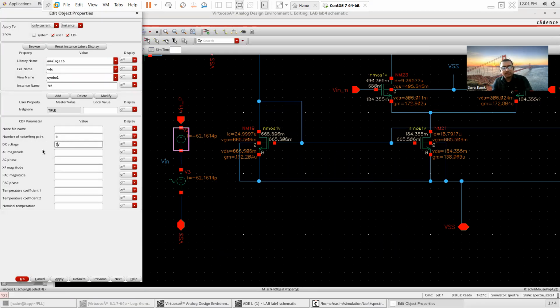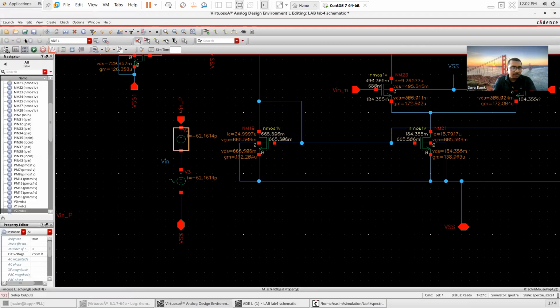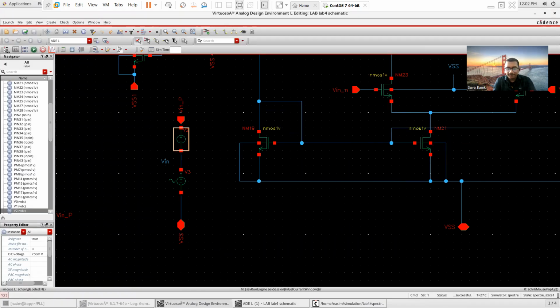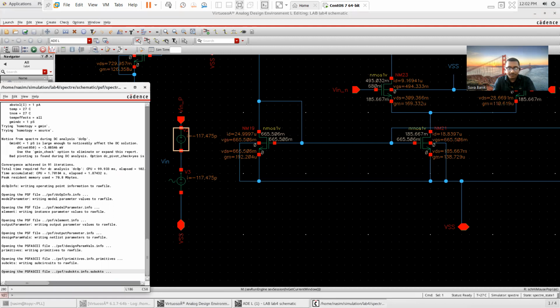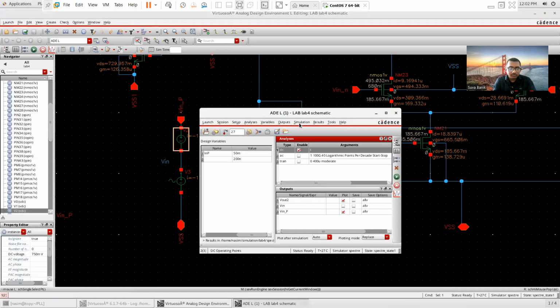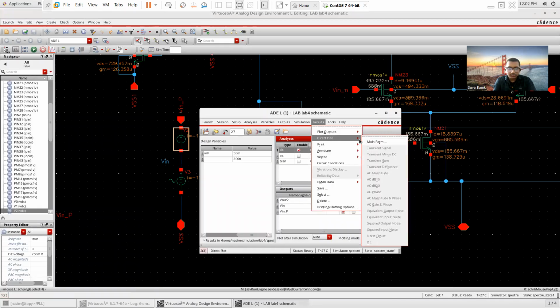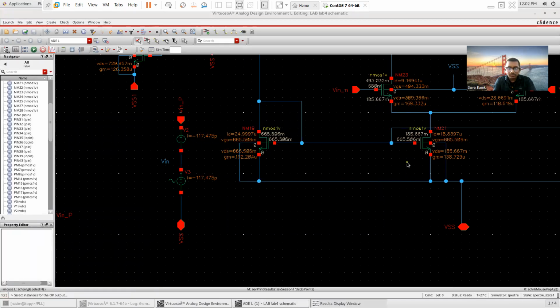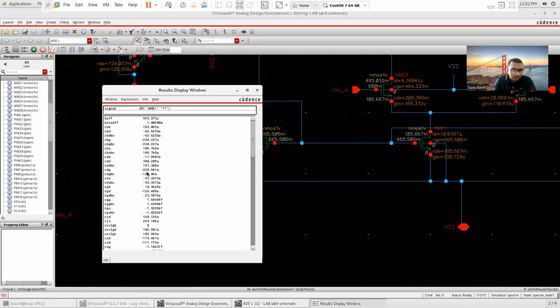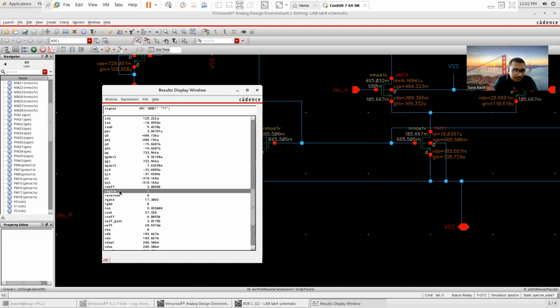Let's try 750 millivolt and check again. It is still in region 1.